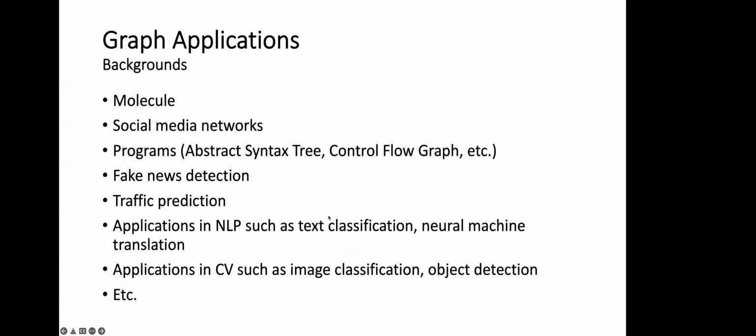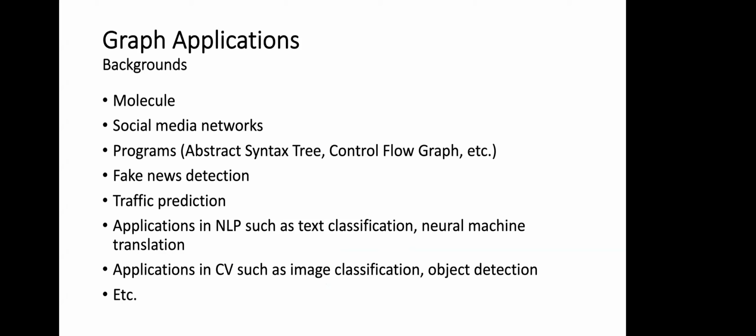I list some examples of graph applications here. Besides molecules, social media networks, and programs, we can also use graphs for tasks like fake news detection, traffic prediction, or even applications in natural language processing, because we can also use a graph to represent text.